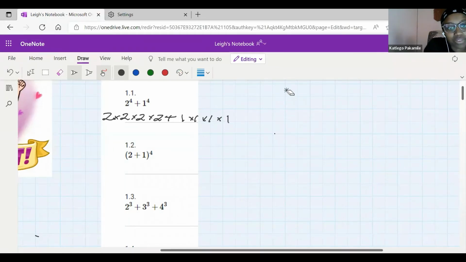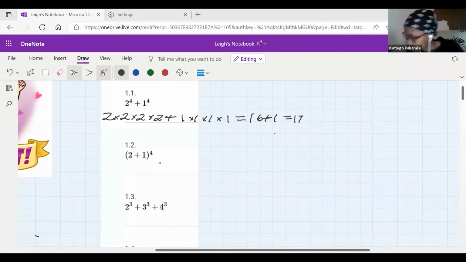If you go to our 2's, 2 times 2 is 4, times 2 is 8, times 2 is 16. So with the 2's we have 16, plus 1 times 1 is 1, times 1 is 1, times 1 is 1. So it's plus 1, and the answer is 17. Thank you very much.